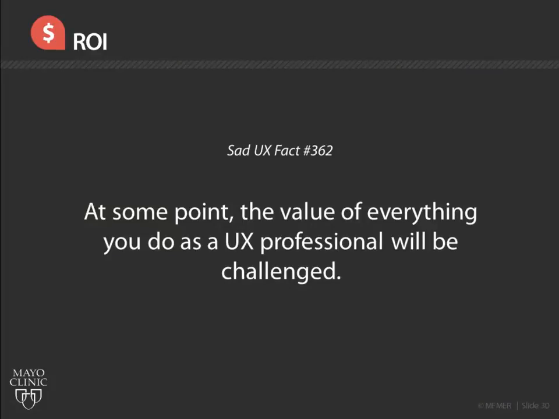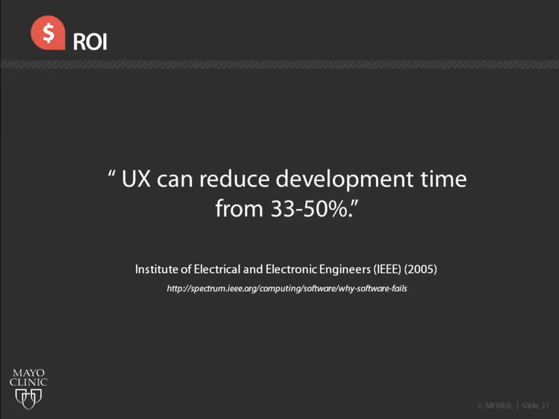Speaking of heartache, UX practitioners do regularly get challenged on the usefulness and validity of their methodologies, so I've collected a few statistics for you. For example, in 2005, the Institute of Electrical and Electronic Engineers stated UX can reduce development time from 33 to 50%.